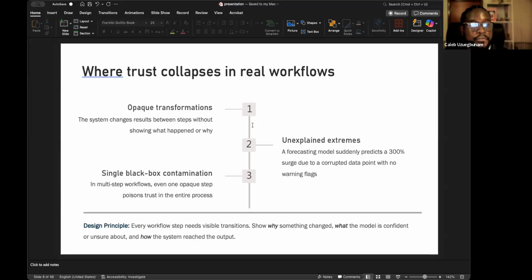And the third part is the single black box contamination. This is often for multi-step workflows, like imagine an agentic workflow to take in documents outlining a disease, for instance, and also another document that describes a medical product.